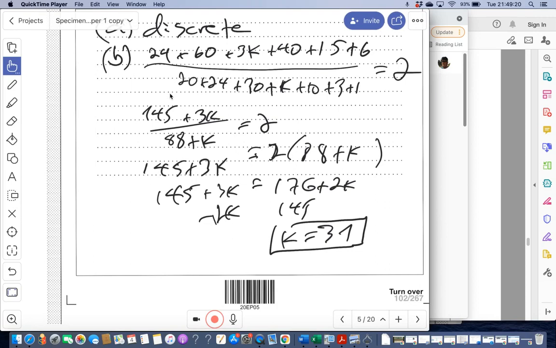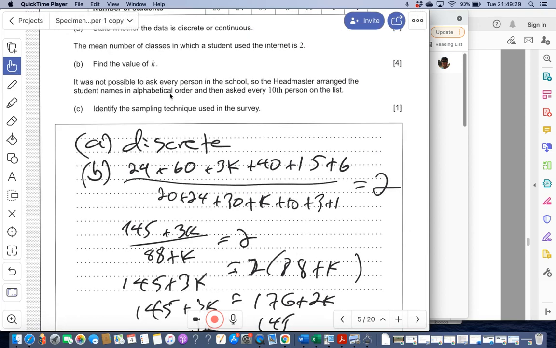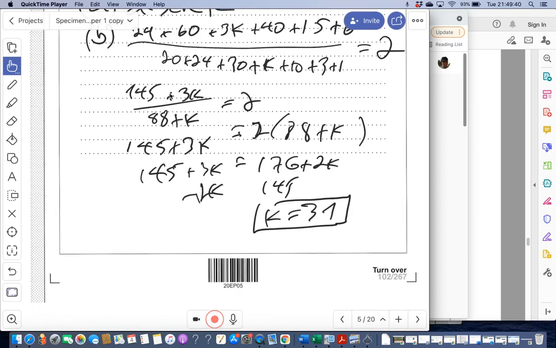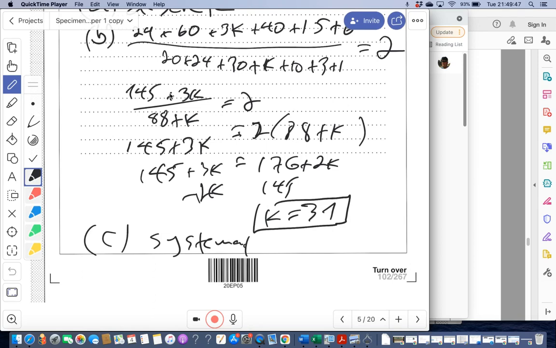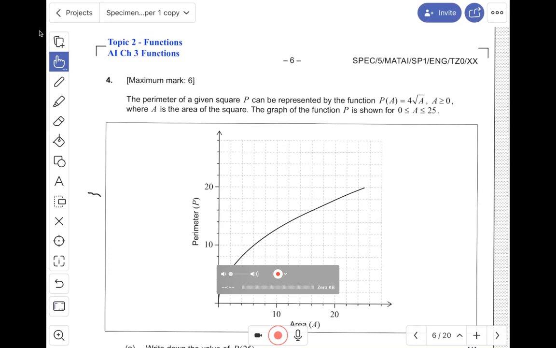And this sampling method, because it was not possible to go to every student in the school, the headmaster thought he would just ask every 10th person on a list. So that sounds like systematic to me. Okay, it's systematic sampling. Okay, so I don't know if we want to put a box around that.